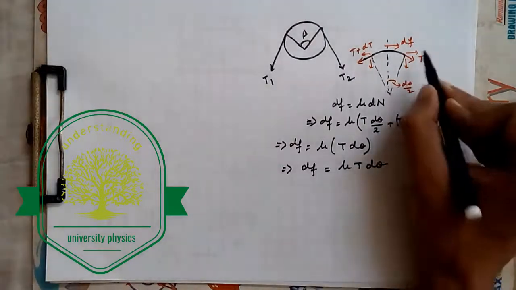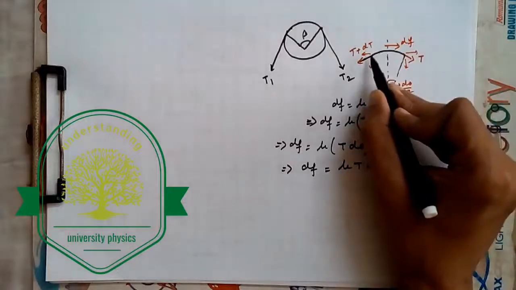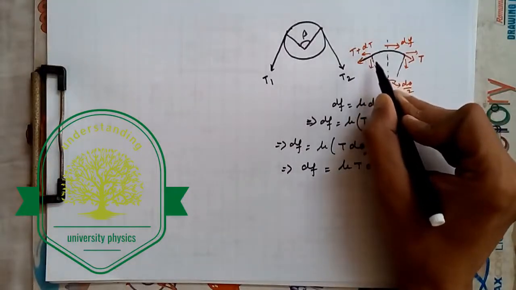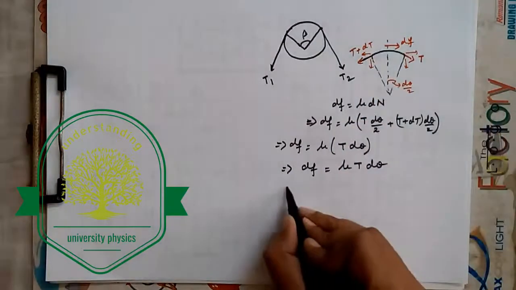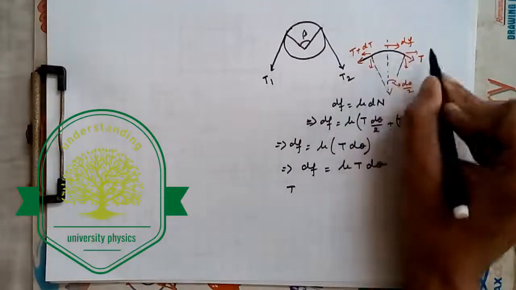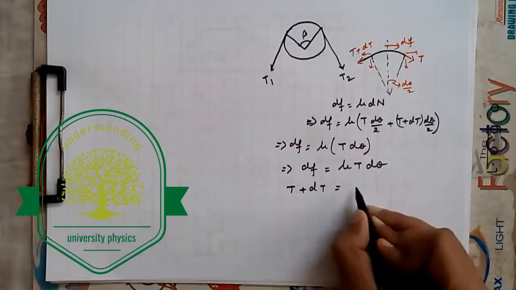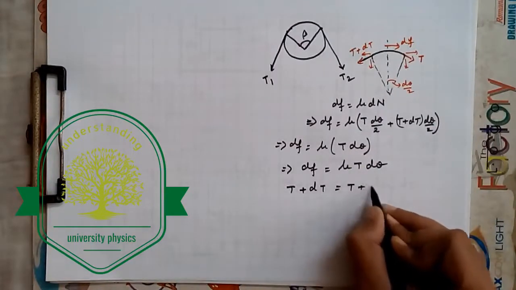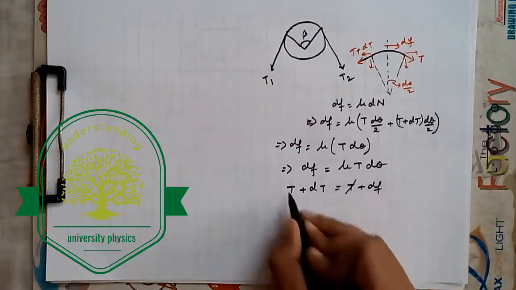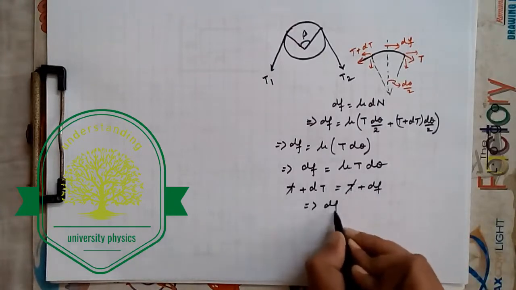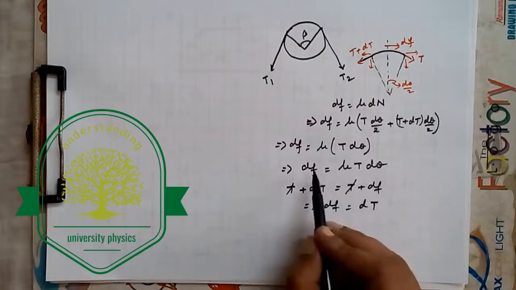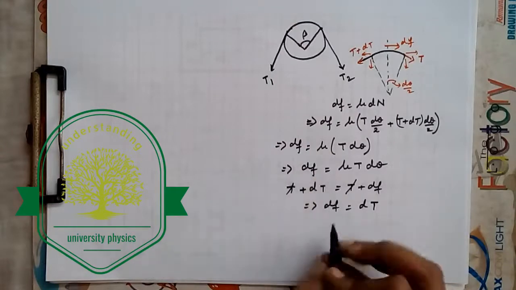Now because motion just impends, we can assume that the acceleration is 0. Motion is just beginning to happen. So the horizontal forces will cancel each other out. So we can say that T plus dT equals T plus dF. If I cancel out the T's, I get dF equals dT. So in place of dF here, I can substitute dT.